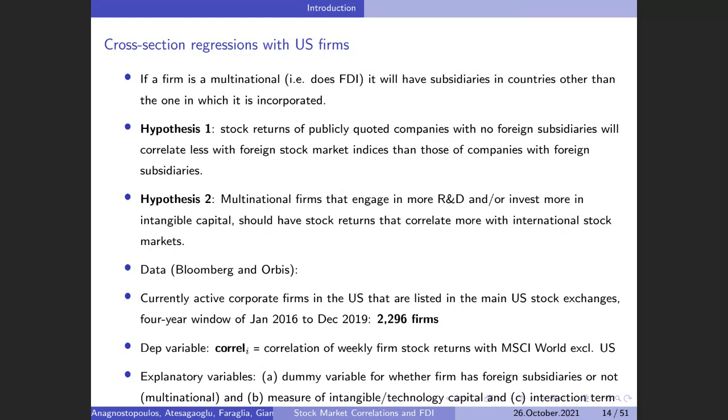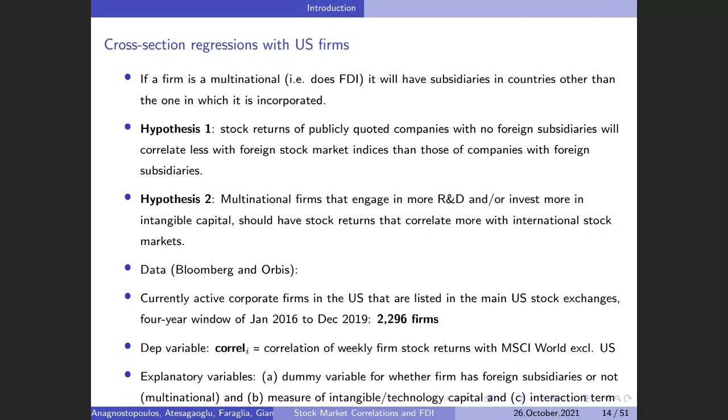If you look at the stock prices of these two types of corporations and their correlations with, let's say, the MSCI excluding US, the aggregate index, we should observe, according to hypothesis one, that firms with FDI will be more correlated with the rest of the world than firms that are just local. That's hypothesis one, according to our conjecture.